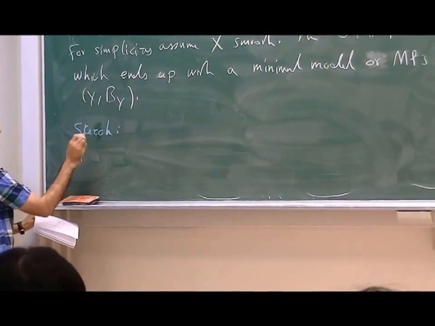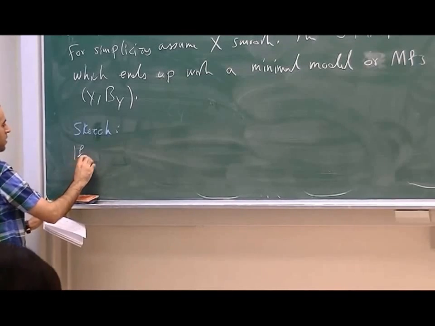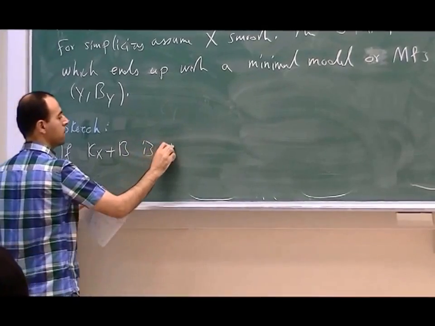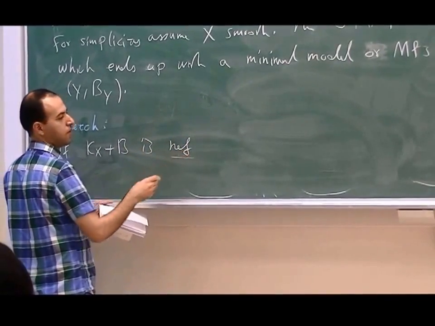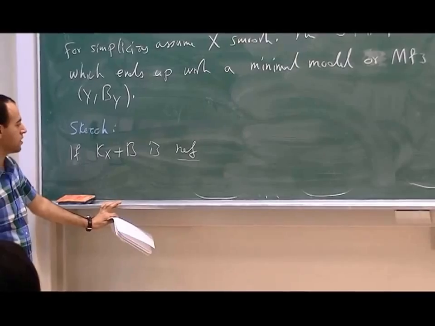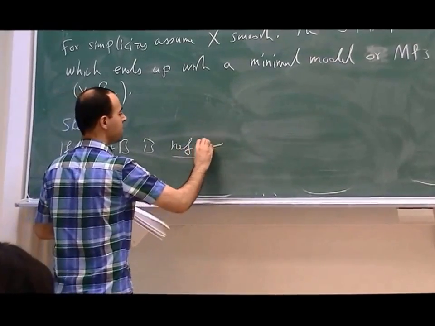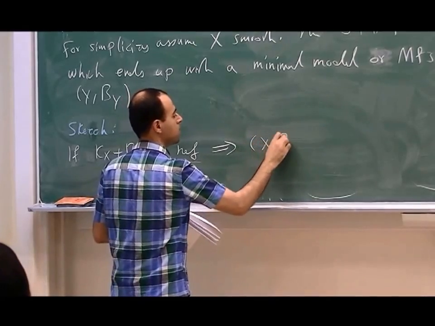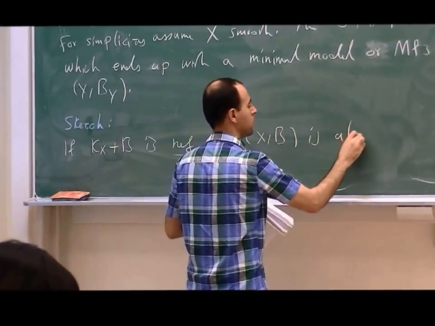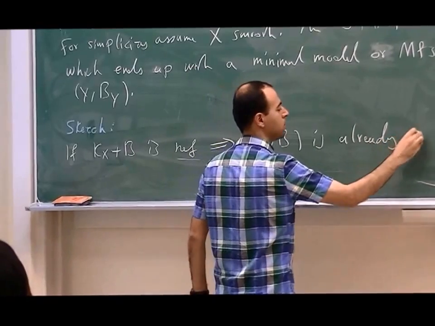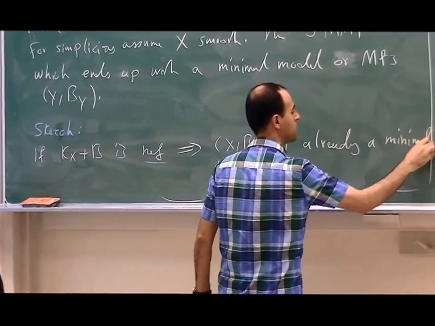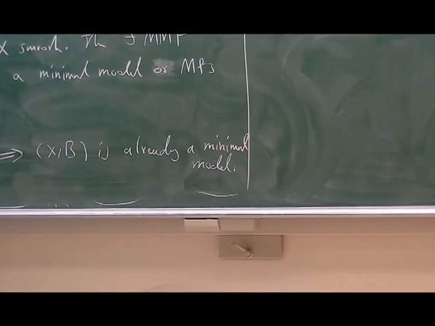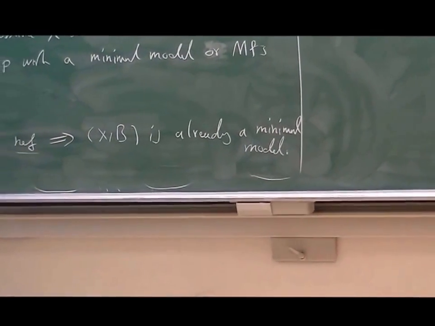So I can first ask the question whether K_X + B is already nef. So remember that means this positivity condition on intersection numbers. If it is nef, then that means that we already have the minimal model. So there is nothing to do. But usually this is not the case.